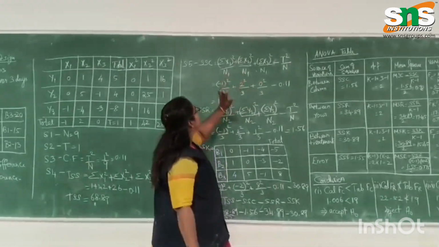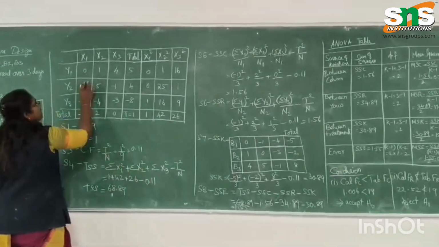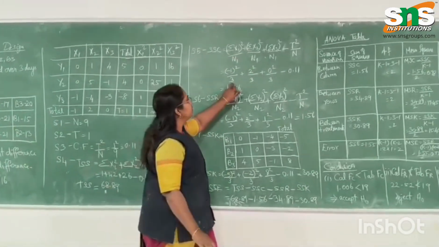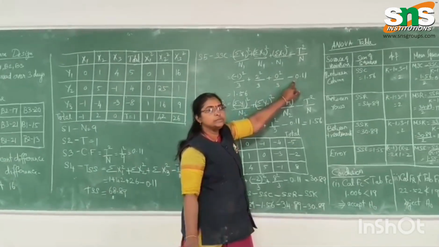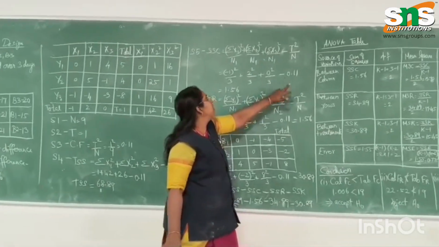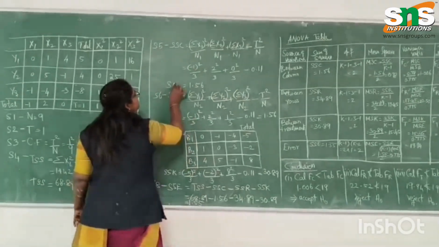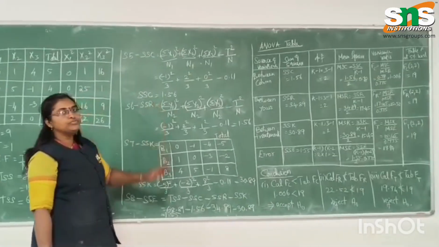In the denominator is the number of observations column wise: three data are given, so each is divided by 3. Here also we subtract the correction factor. At last we got SSC, the sum of squares between columns, as 1.56.